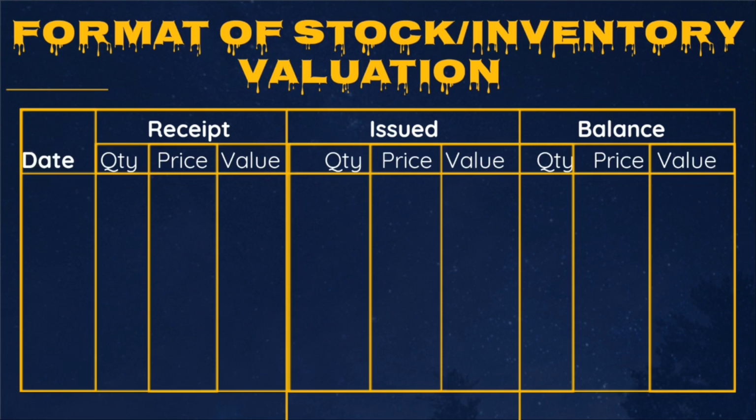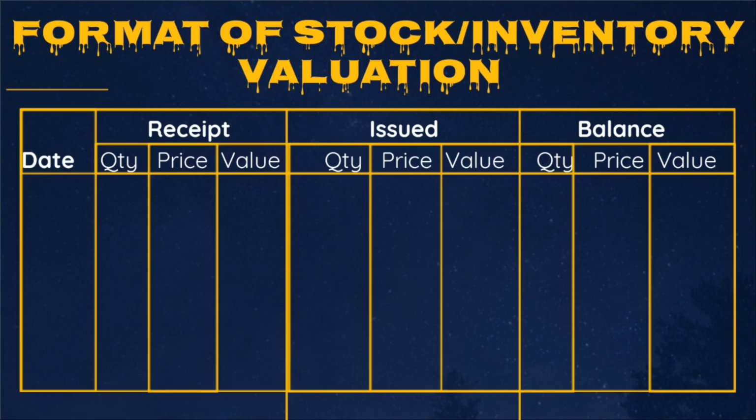The quantity is meant for the amount of goods that are received. The price is the unit rate of that item, while the value is the total amount of the goods being received. The same thing goes with the issue, while the balance is meant for the number of items that are left in the store, at what price those items are, and what the value of those items is.